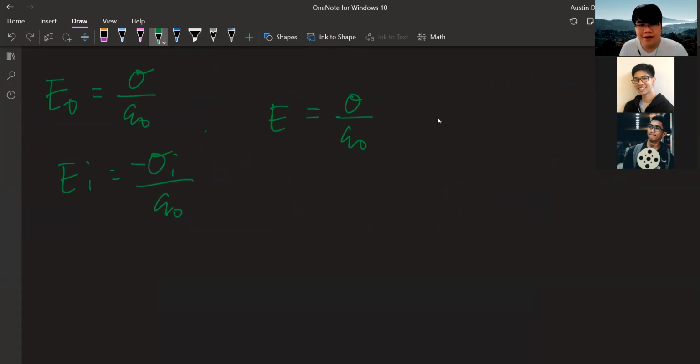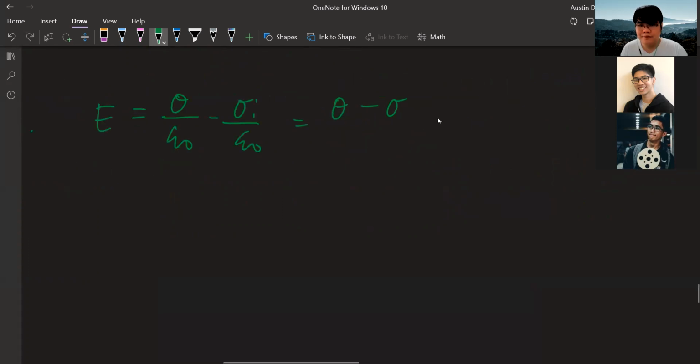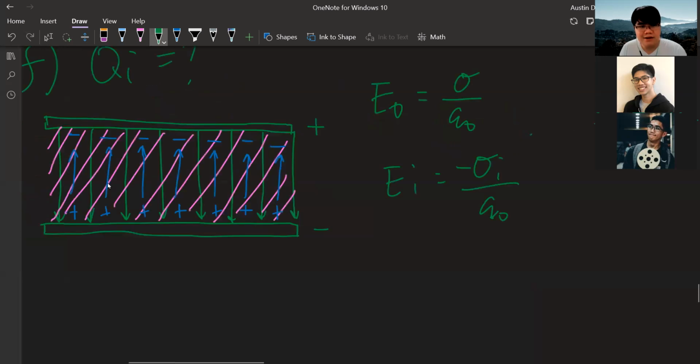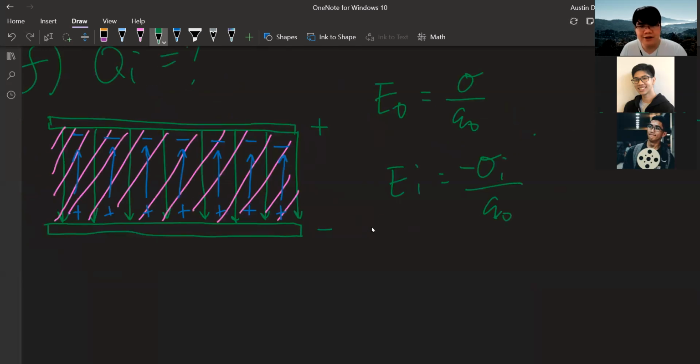Therefore, they should subtract each other. So I have something like this. Okay. So this is the total field that I'm experiencing in this region.